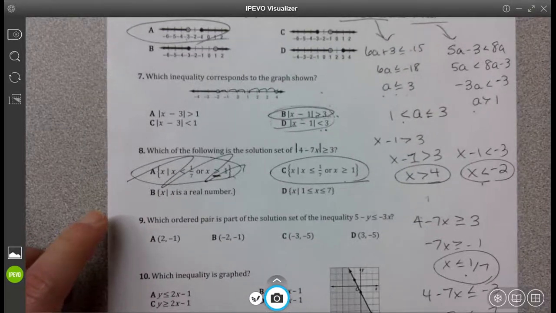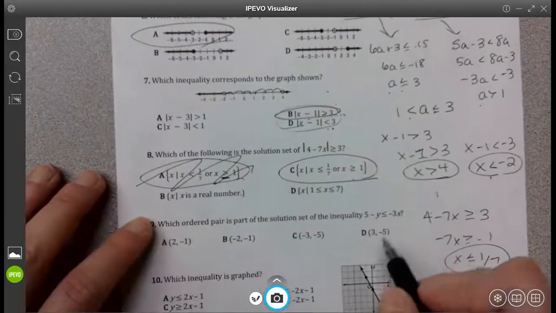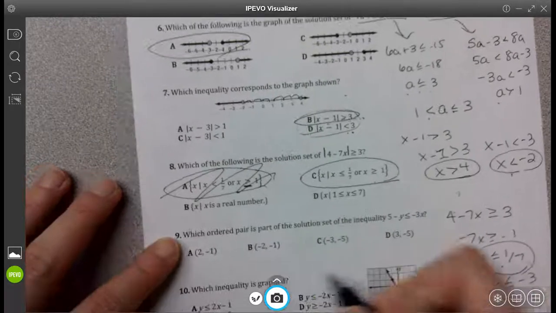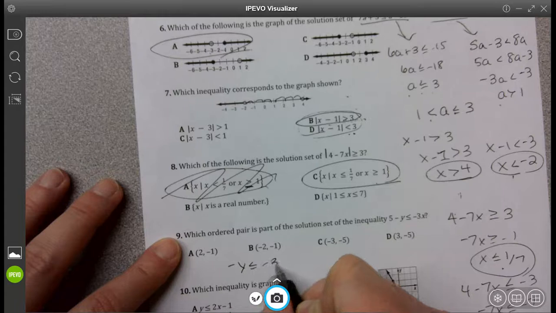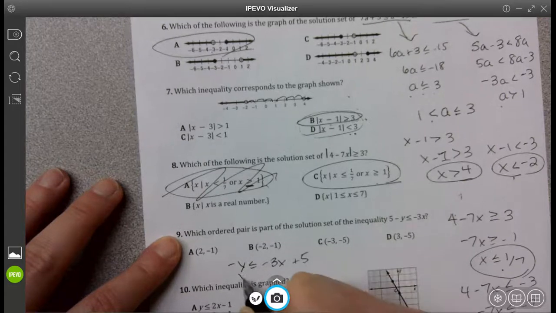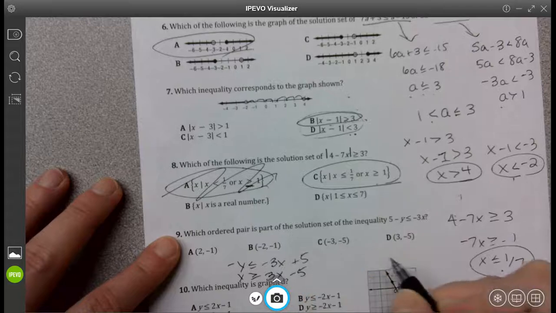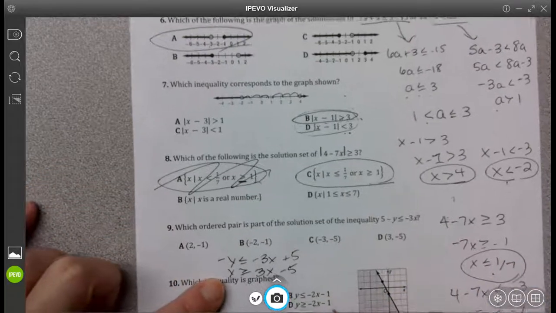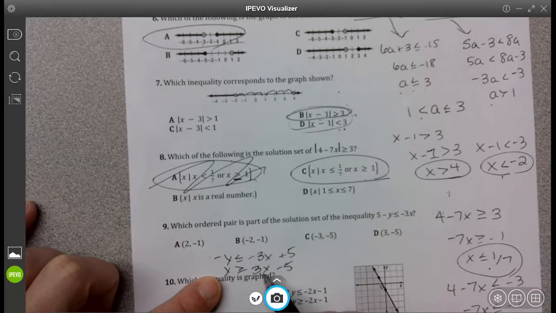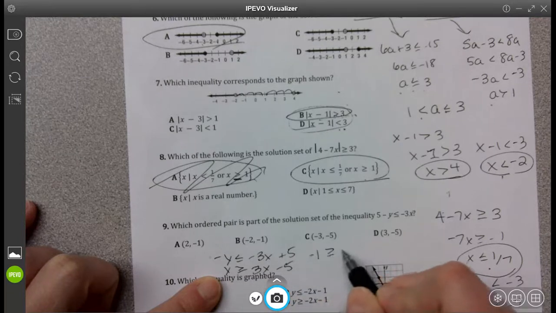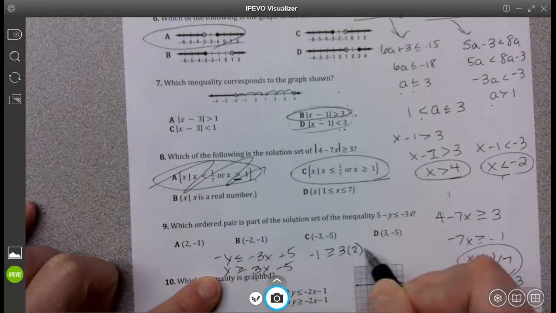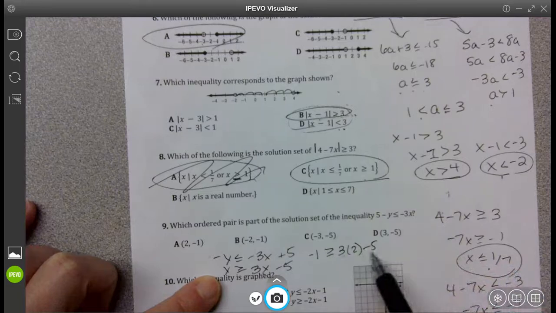Which ordered pair is part of the inequality set? Okay. So let's get y by itself. So move 5 to the other side. Divide by a negative, so the sign flips. Now, if I put 2 and negative 1 in there, is that going to work? I get 6 minus 5, which is 1.